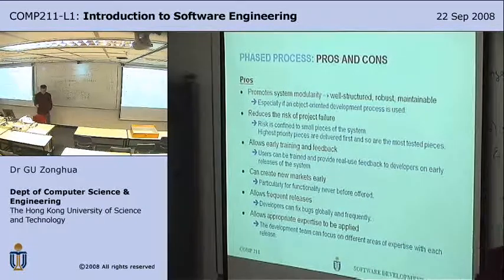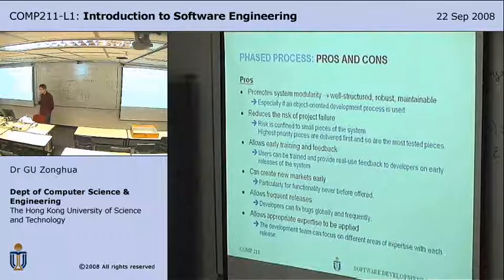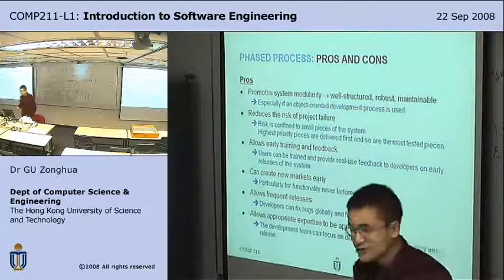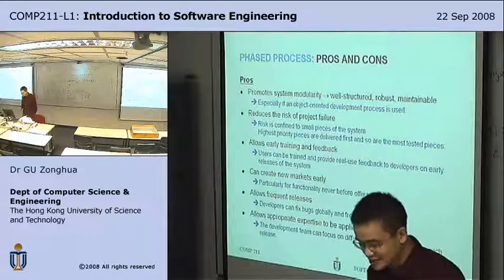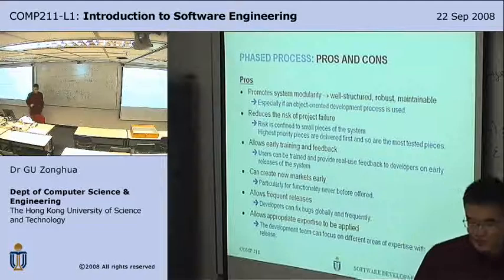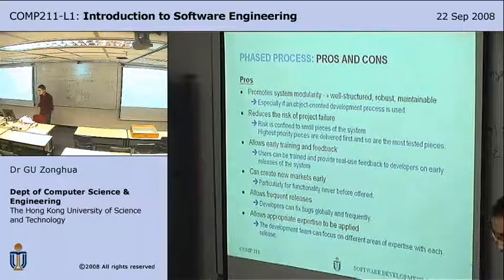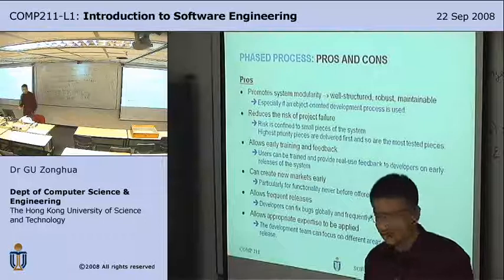You can build modular software with non-object-oriented development. But if you use OO, the objects serve as natural units for encapsulation for modules. It also reduces the risk of project failure, because risk is confined to small pieces of the system. So you may fail in one piece of the system, but you can still deliver the rest.